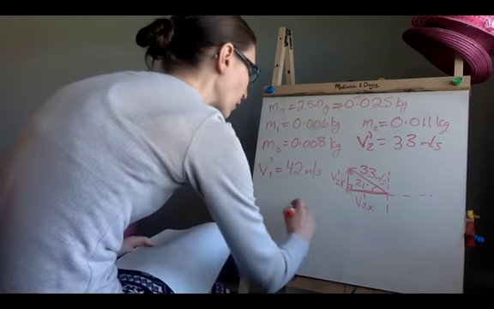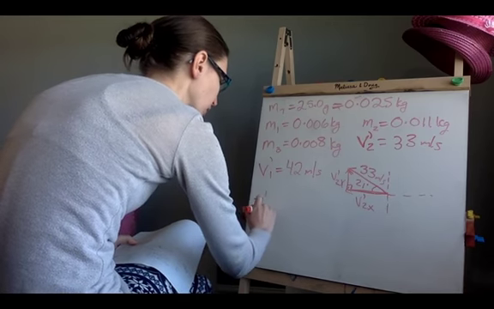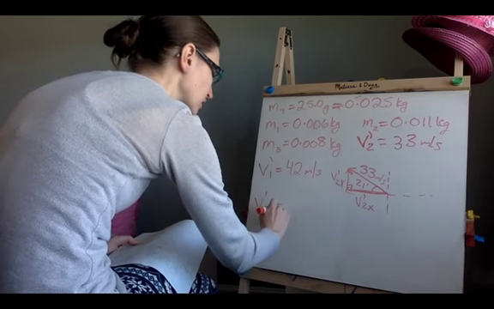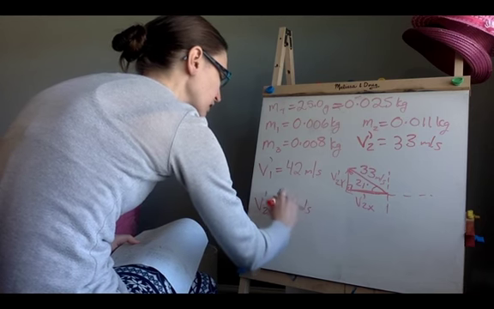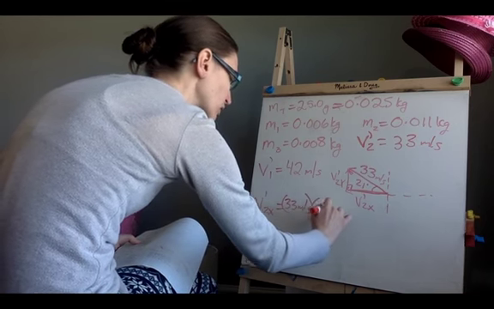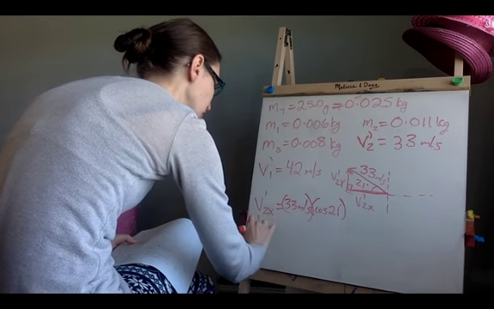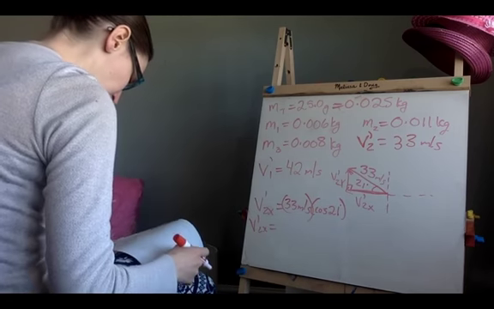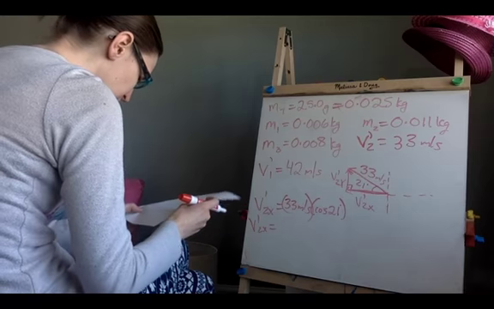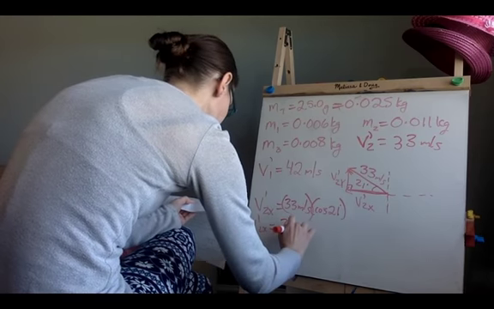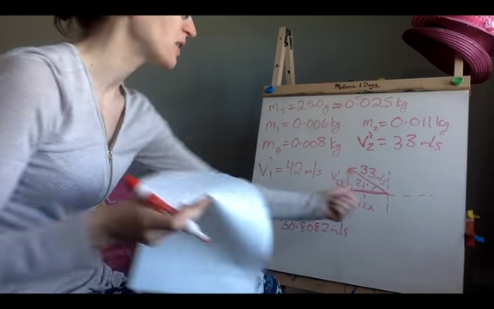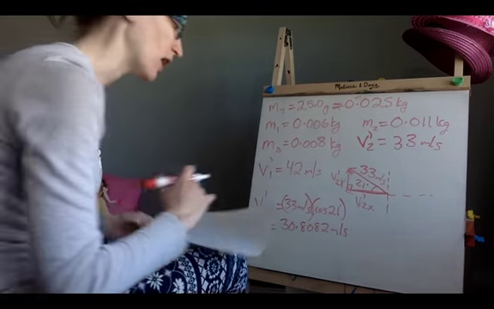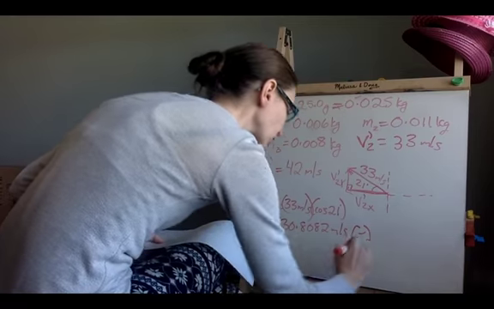So our v prime 2x is equal to 33 meters per second multiplied by the cosine of 21 degrees. And that gives us a value of 30.8082 meters per second, but that's in a negative direction because it's moving to the left, so we'll assign that a negative value.